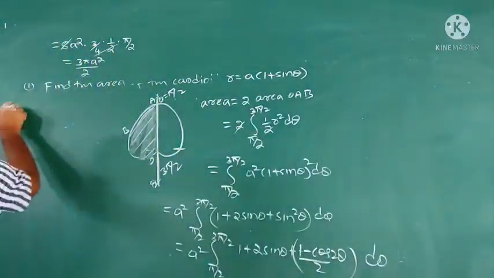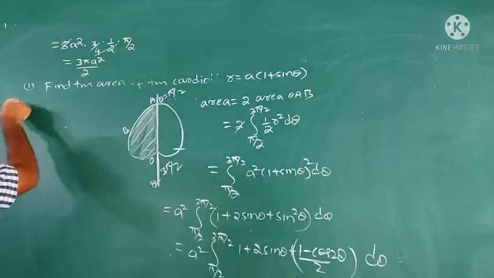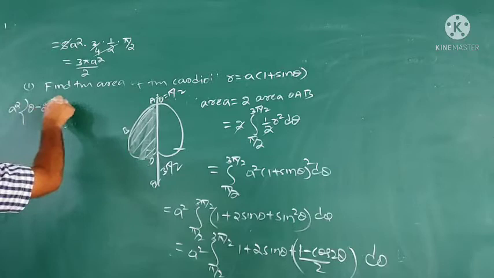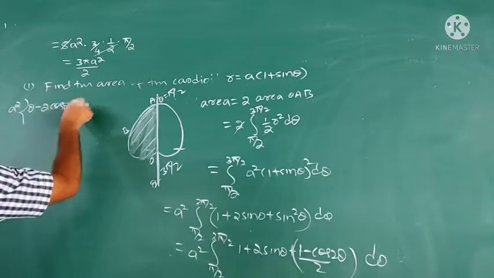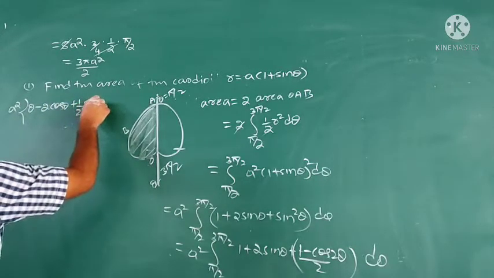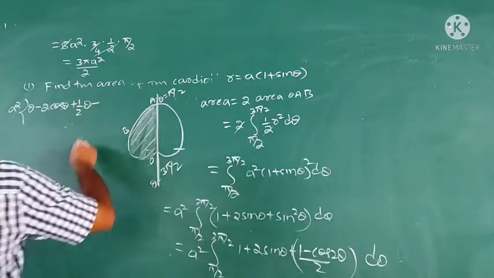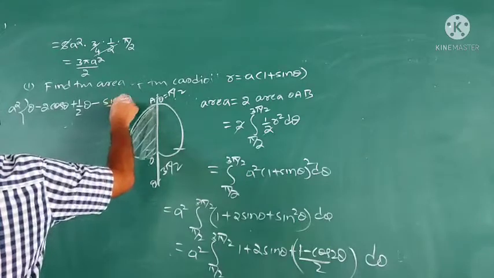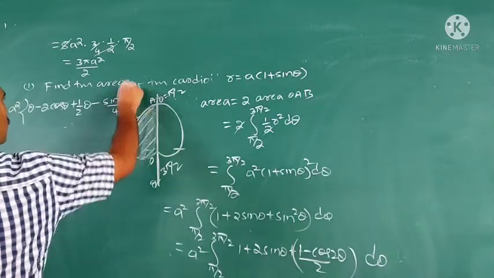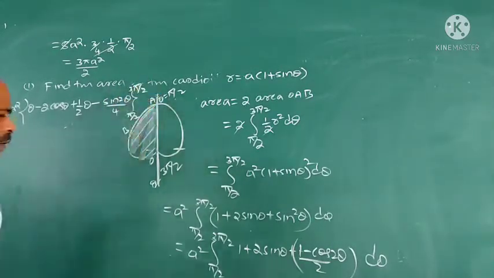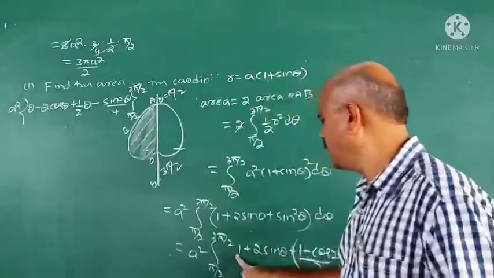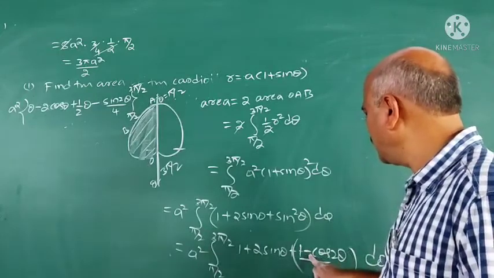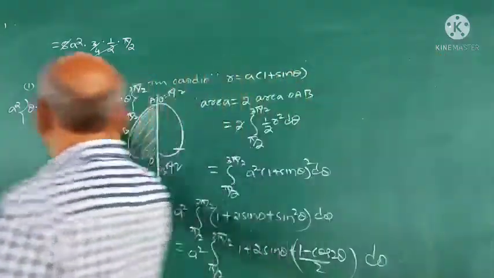I evaluate like this: a² [θ − 2 cos θ + θ/2 − sin 2θ/4], because the integration of 1 dθ is θ, and the integration of cos 2θ is sin 2θ/2.